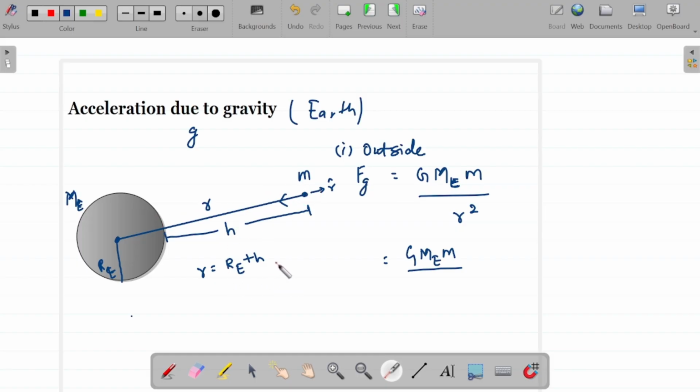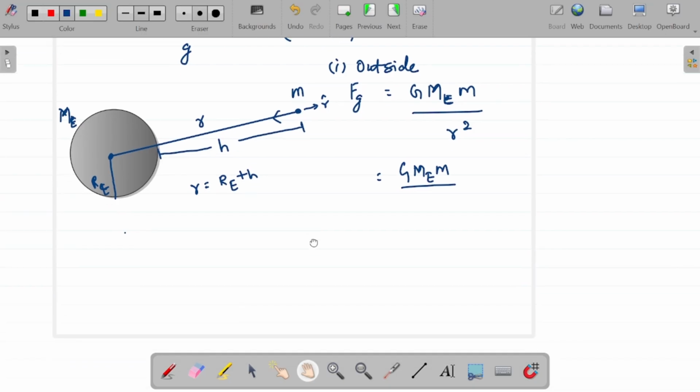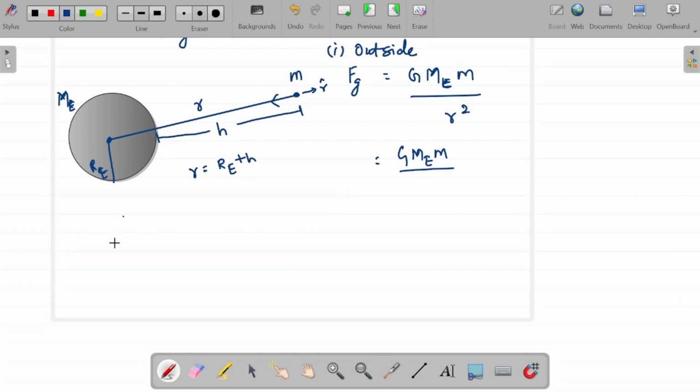So r can be replaced with this value. So we can write the gravitational pull F_g, in this case outside, as G M_e into m divided by (R_e plus h) square.